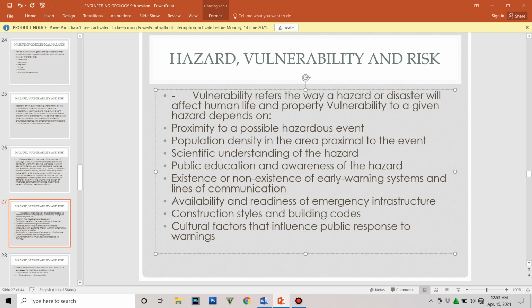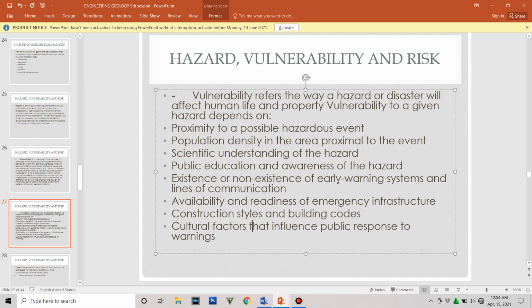So these are the support of the government wherein there are facilities na pwedeng takbuhan in case of emergency cases. So construction styles and building codes. Of course, the design is derived from a scientific basis.